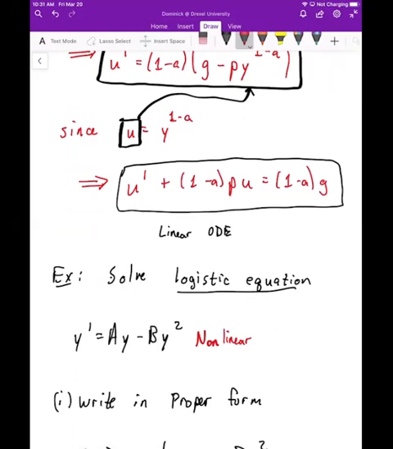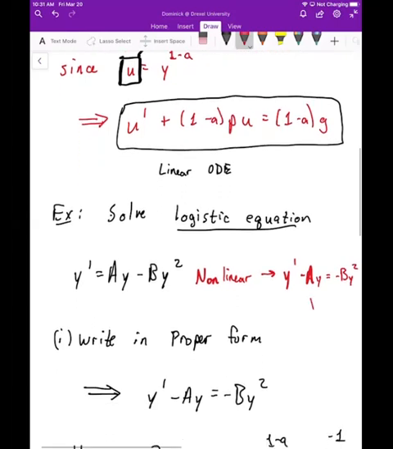Right, but of course, if you move the ay over, you have y prime minus ay is equal to minus by squared. And of course, that's a Bernoulli equation, right? So that's where this is coming from here.